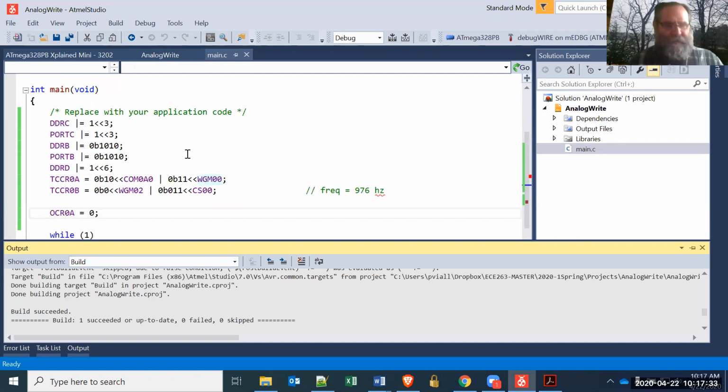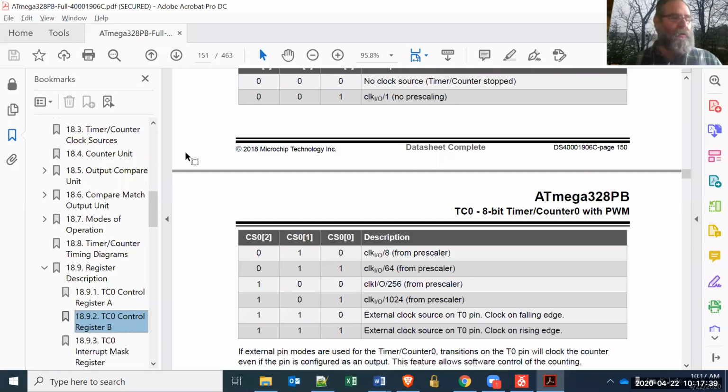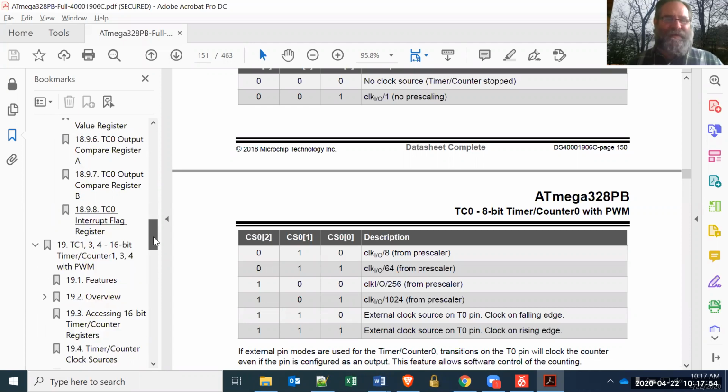Let's look at timer 1, which has OC1A tied to the green LED directly. Timer 1 is a 16-bit timer.